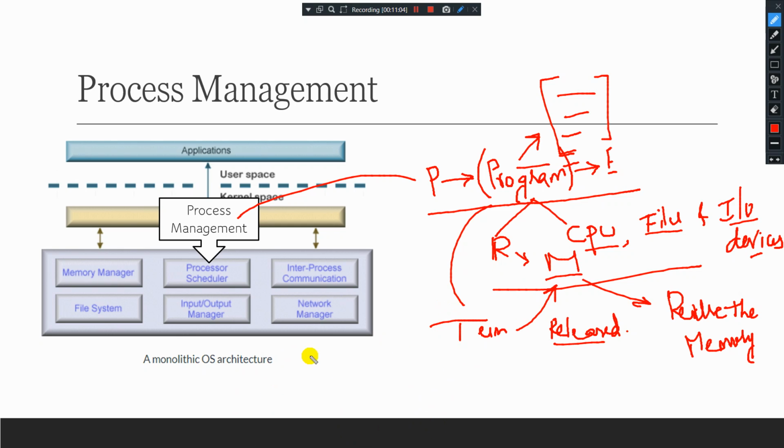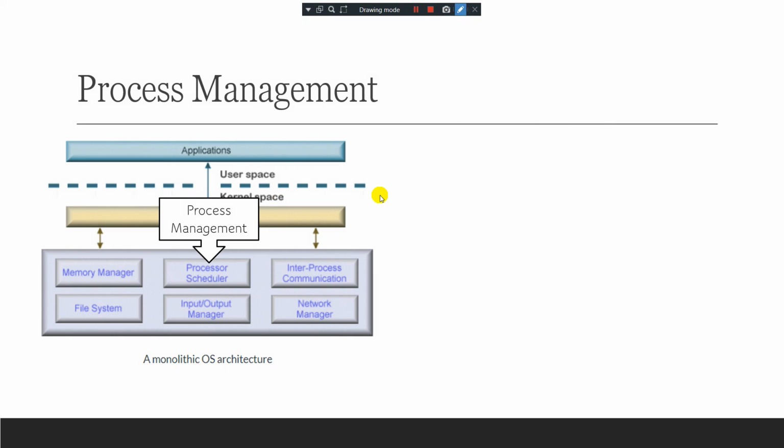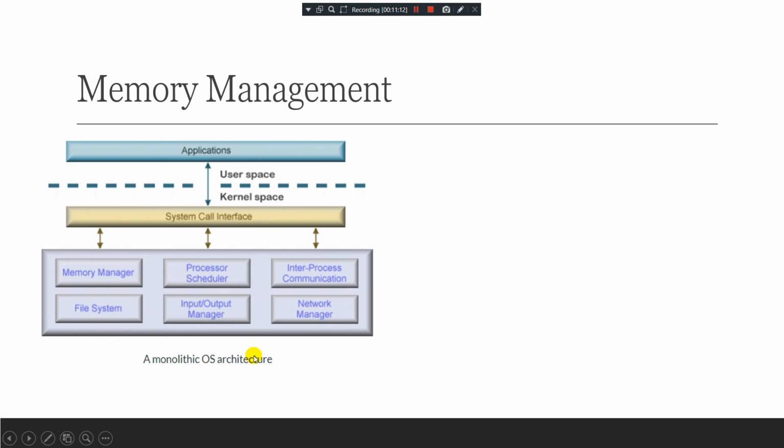So for process management, we'll see a few more steps. A few of these steps are performed by process management. The first step: the user and system processes are created and deleted by the operating system.